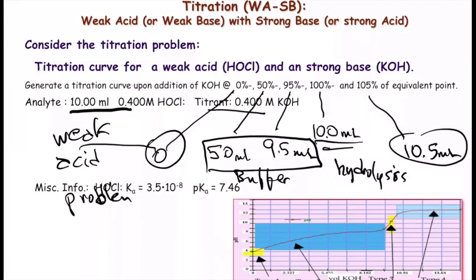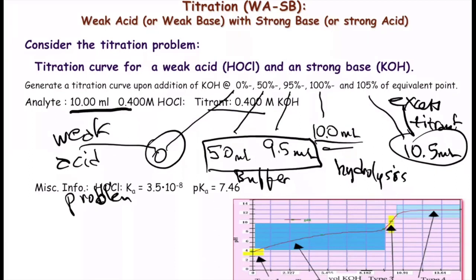And here we have excess titrant. You can see that just based on the fact that our equivalence point is the marker. Below that, we have buffers, and if we don't add any titrant, then we just have a weak acid problem. Above that, we have excess.